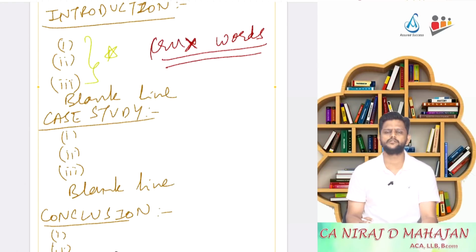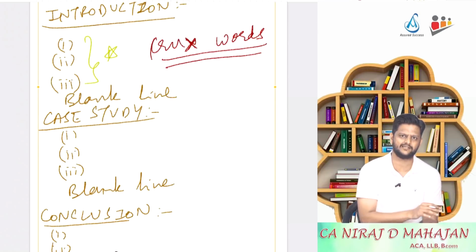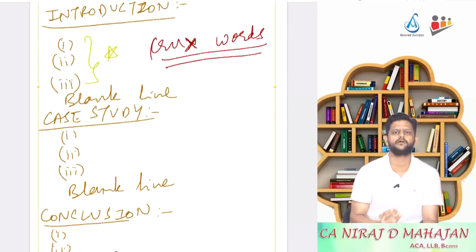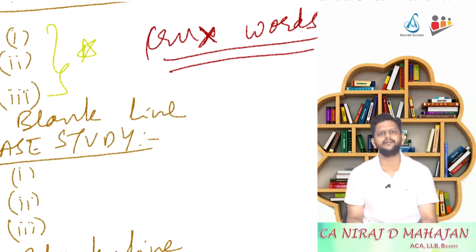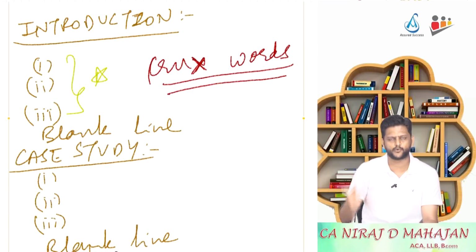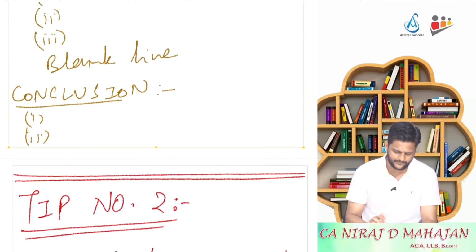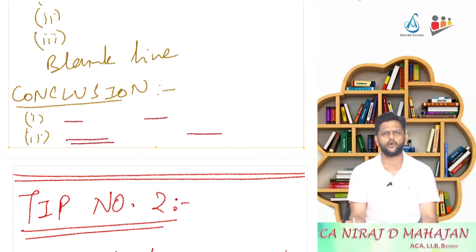But what you have to do is, your main intention is to make the paper checker's work very easy. After all, a paper is checked by a human person, isn't it? It is not checked by a machine. So try to make his work a little bit easier. Whatever is given in the provisions part, underline that, and obviously in conclusion, again whatever is the final answer, yes or no or allowed or not allowed, try to highlight or underline that.